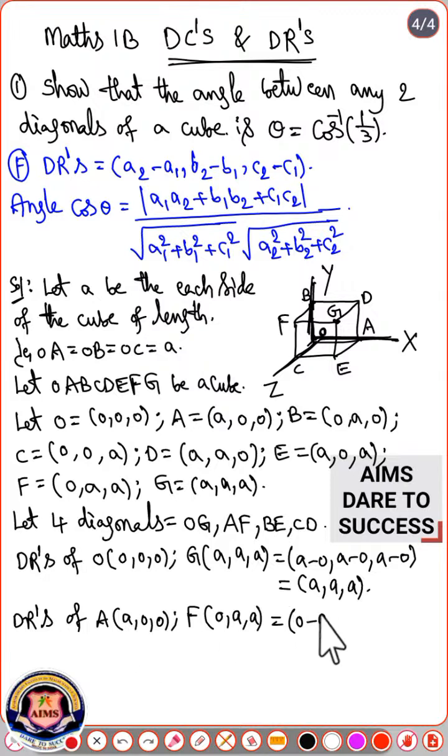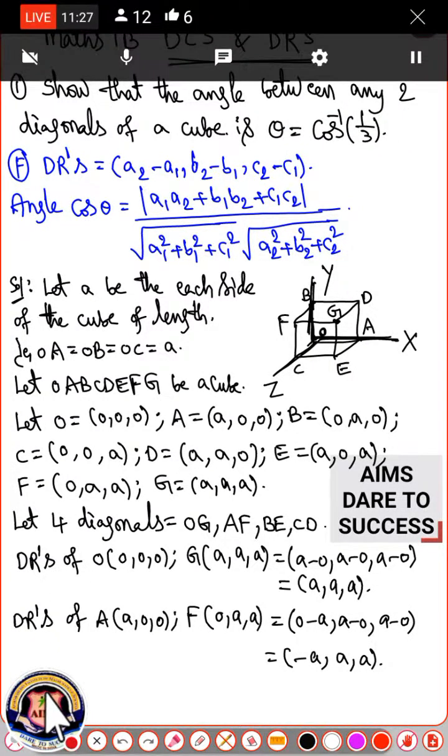That is 0 minus A. Next A minus 0, again A minus 0. So 0 minus A is minus A, A minus 0 is A, A minus 0 is A. It's enough for this problem, two diagonals. Why? Because angle between any two diagonals.